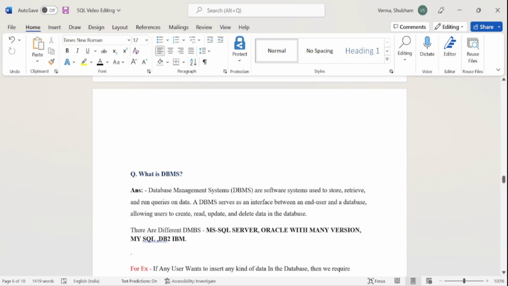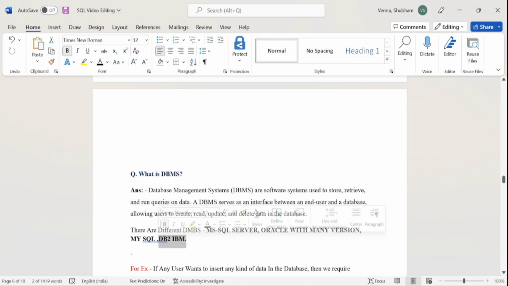And here you can see we have different kinds of databases. Microsoft has a different DBMS, which is SQL Server, which we are studying. In a similar way, Oracle has a different DBMS with various versions. In a similar way, IBM has a different DBMS, which is DB2 IBM.